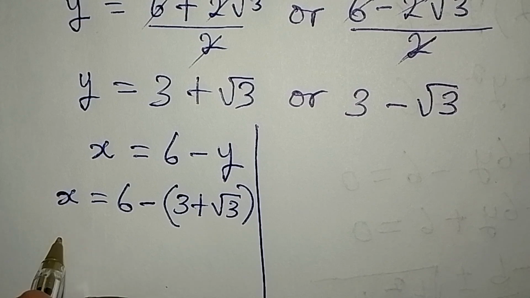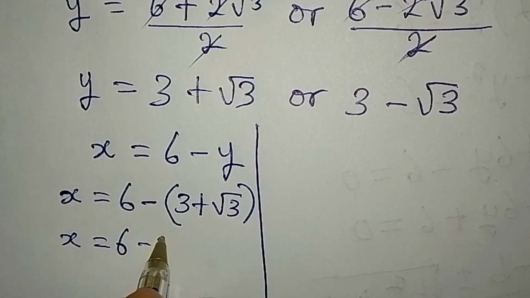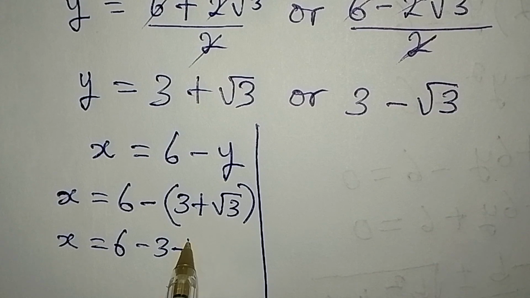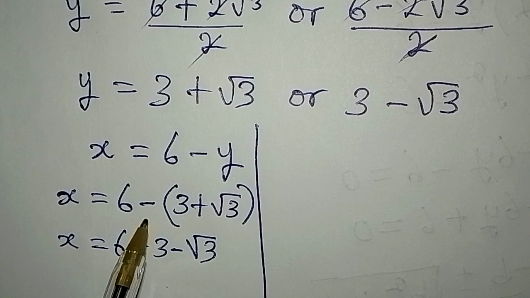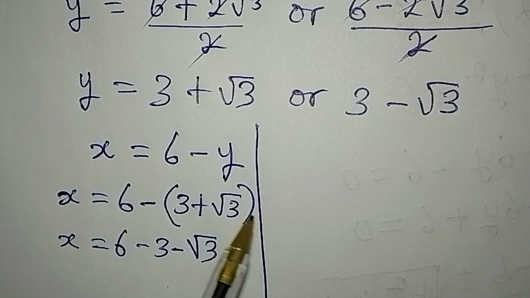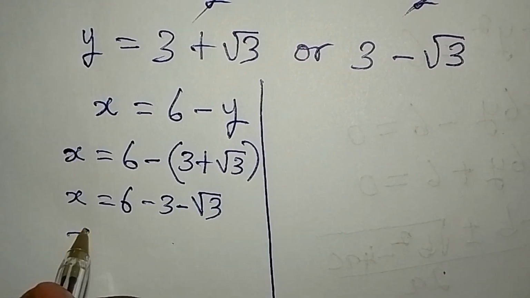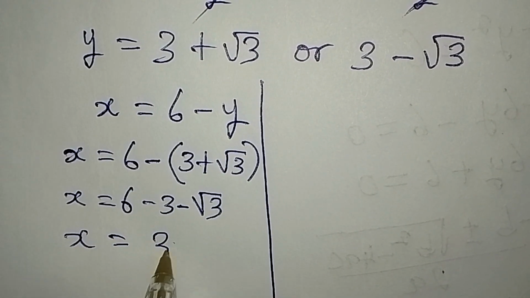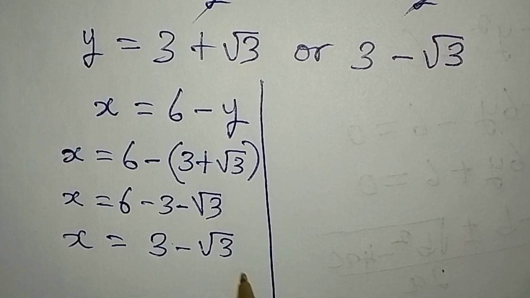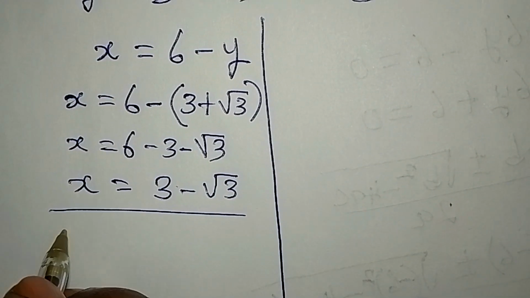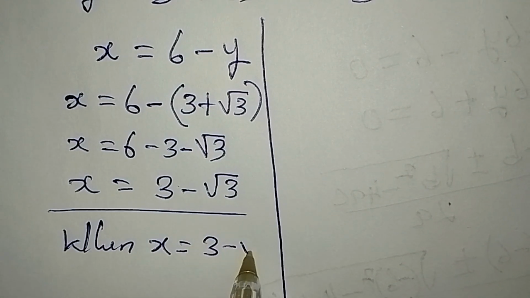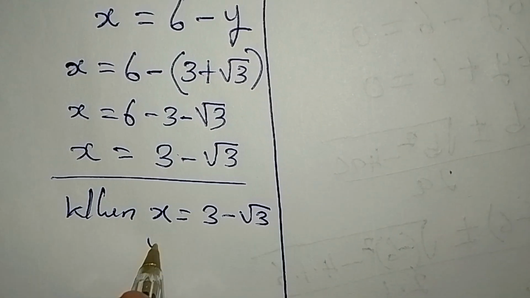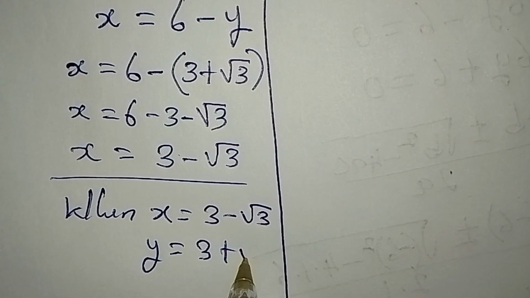Now open the bracket so that x will be equal to 6 minus 3 minus root 3, because negative will multiply 3 to give negative 3, and negative will multiply root 3 to give negative root 3. So from here, our x is equal to 6 minus 3, which is 3, then minus root 3. So what are we saying? We are saying that when x is equal to 3 minus root 3, y is equal to 3 plus root 3.